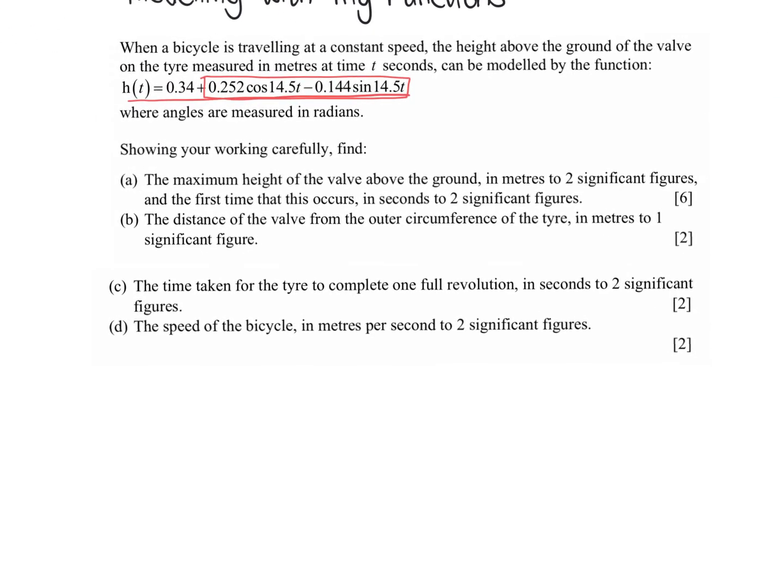So the first thing I'm going to say is that 0.252 cos 14.5t minus 0.144 sine 14.5t, I can write as R cos(14.5t plus alpha), using one of those formulae.